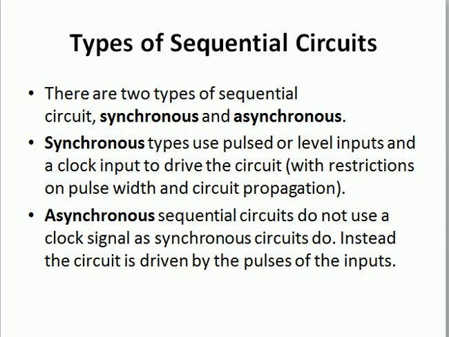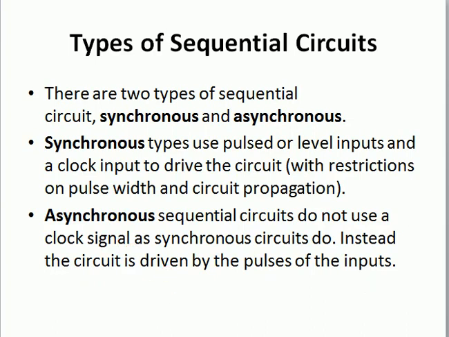Synchronous circuits use pulsed or level inputs and a clock input to drive the circuit, with restrictions on pulse width and circuit propagation. Asynchronous sequential circuits don't use the clock signal as synchronous circuits do. Instead the circuit is driven by the pulses of the input. The asynchronous circuit only depends upon the input.